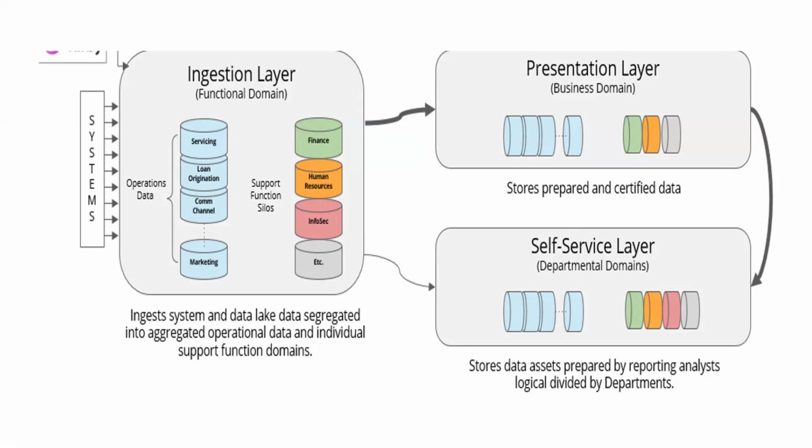And according to the business, the presentation layer will be given access, and all the departments will have a self-service layer to check and read their data. Maybe because they will generate some reports. Maybe the finance team will have some reports. HR will have some reports. Sales will have some reports. So they will get access to their particular database.